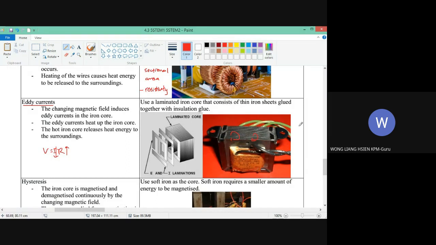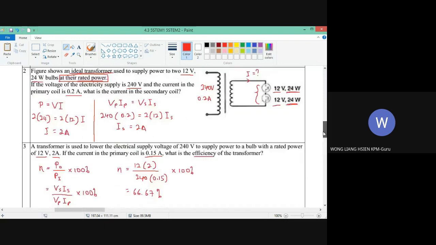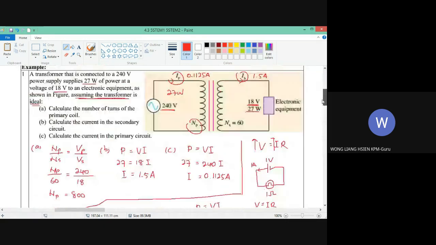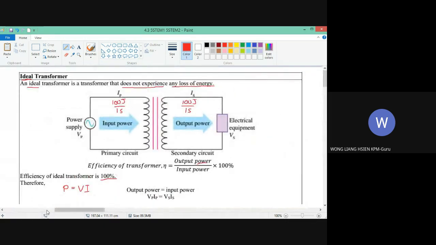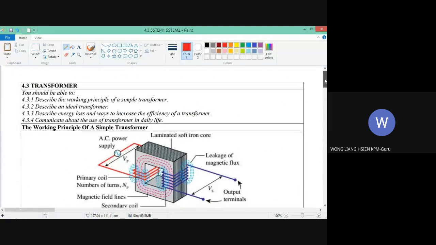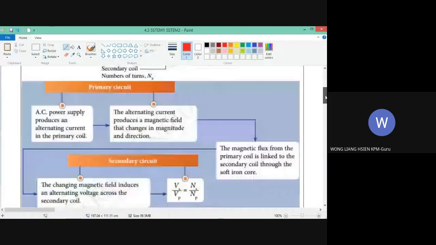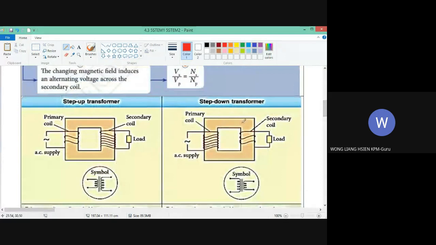Previously, when we looked at the transformer, it was like a whole lump of metal, a big chunk of metal. If it is a big chunk of metal, then the cross-sectional area will be very big and the resistance will be very low.